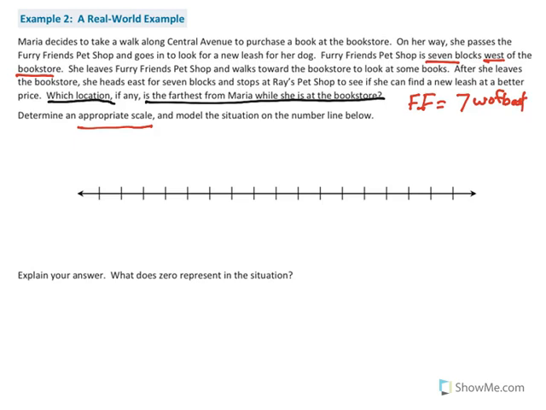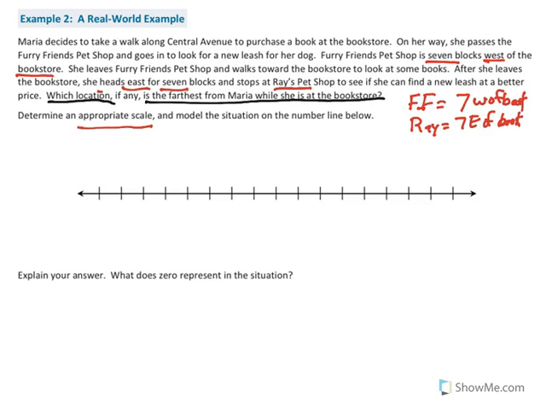And we know that Ray's Pet Shop, she heads east for 7 blocks, so Ray's is 7 blocks east of the bookshop. Okay, so now we've listed out our information.